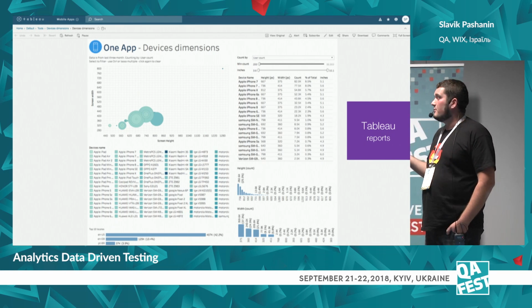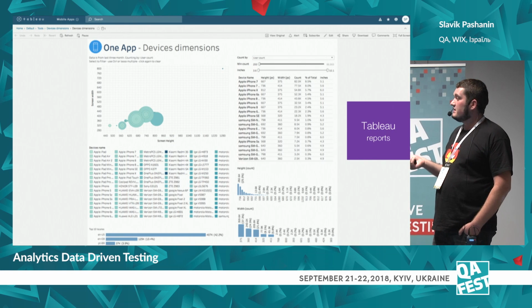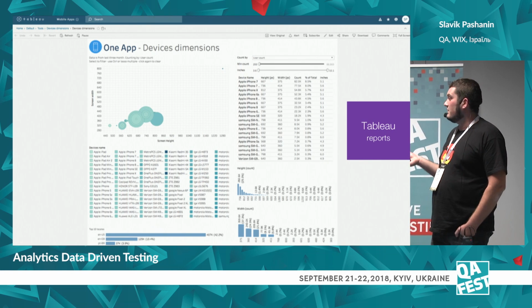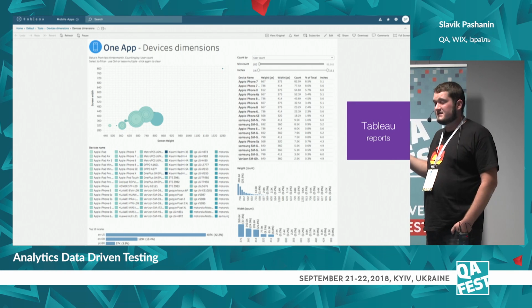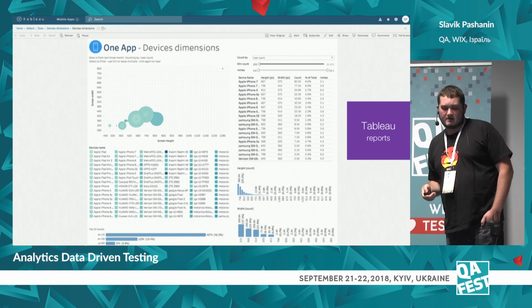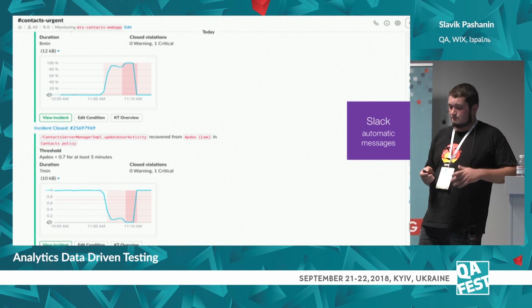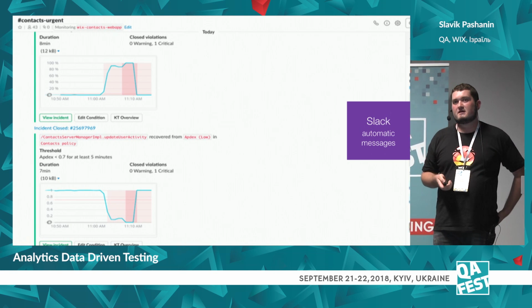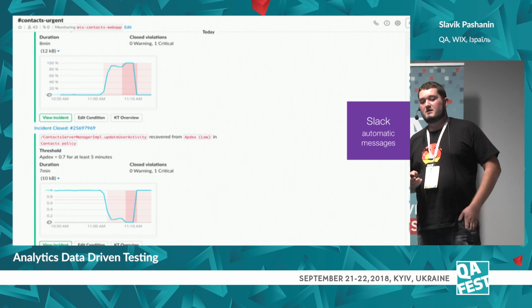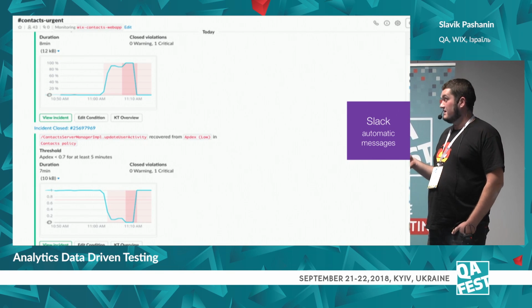For example, it can show the top 5 countries these mobile devices come from, the width, the operating system, everything. Just a really nice report. We are using Slack, because Slack has integration with a lot of other TPAs.